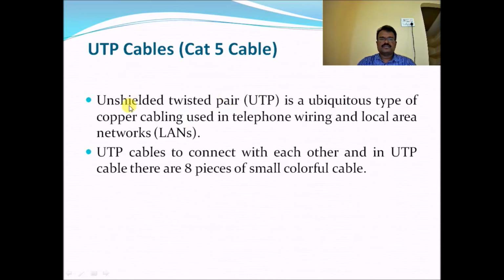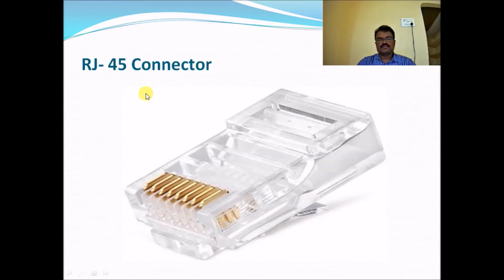This unshielded twisted pair cable is a ubiquitous type of copper cabling used in telephone wiring and local area networks. In a UTP cable there are 8 small colorful wires. Here this is called the RJ45 connector.